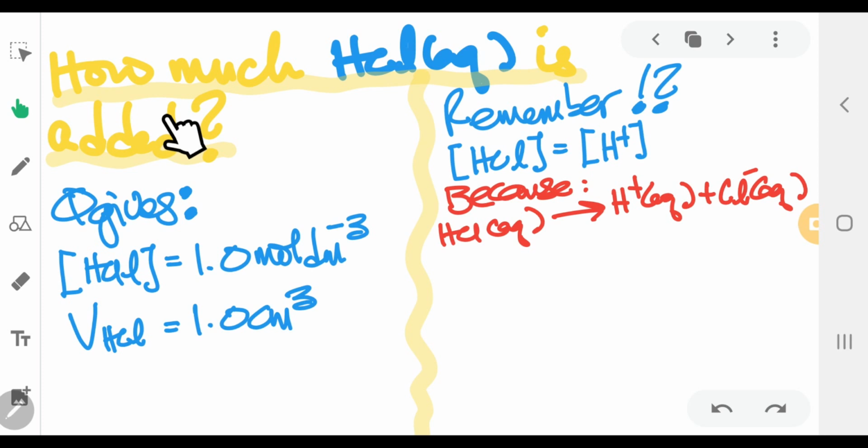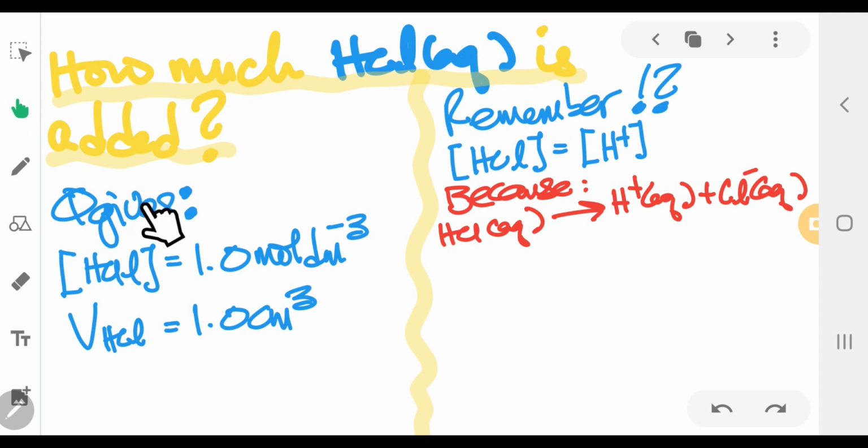Next, the question is how much hydrochloric acid is added, even though it's a very small amount, but we need to know how much of that being added, because later on we're going to put that information into a table that resembles the ICE table, but it's going to be a bit different.